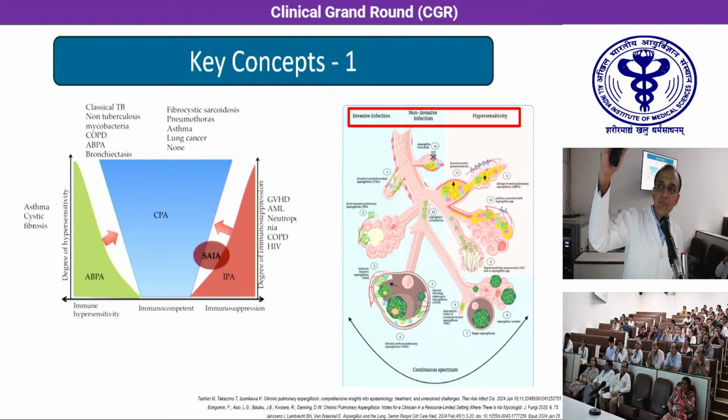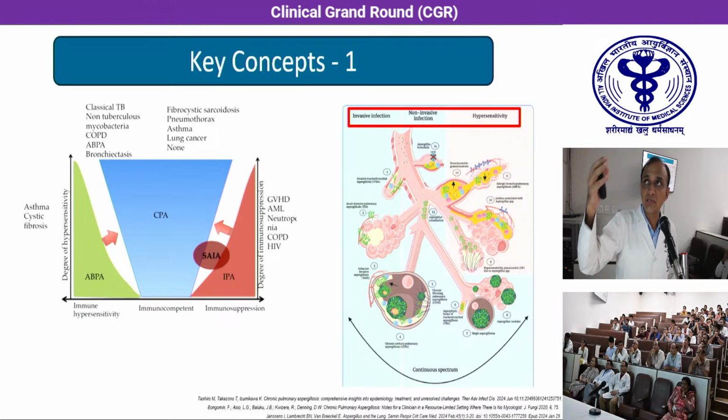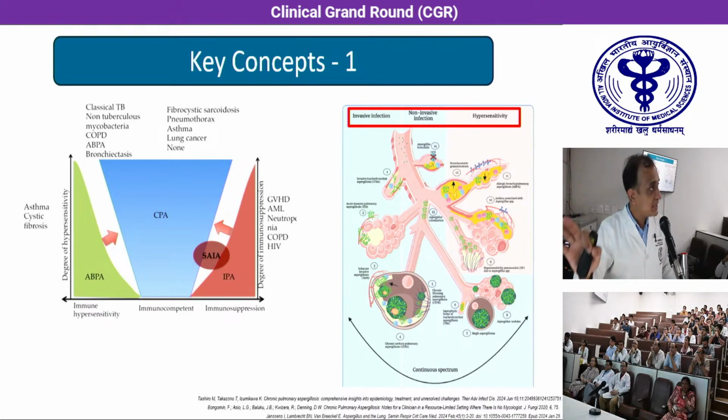Invasive pulmonary aspergillosis, chronic pulmonary aspergillosis, as well as ABPA, there's a continuous spectrum. And depending on the immune status of the patient, whether the patient is hypersensitive, immunocompetent, or immunosuppressed, one of the conditions, ABPA, CPA, or IPA can result. So chronic pulmonary aspergillosis typically happens in patients who are immunocompetent.